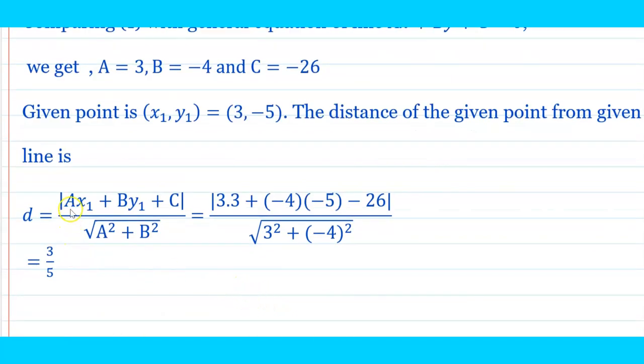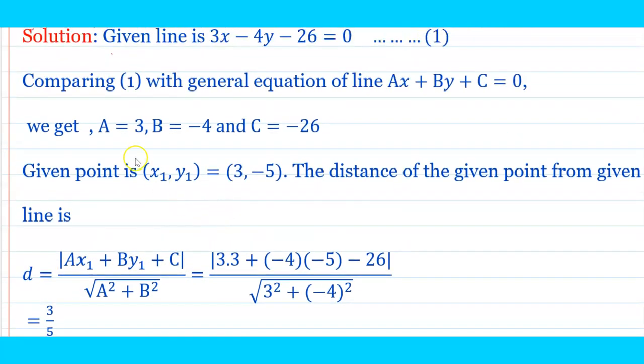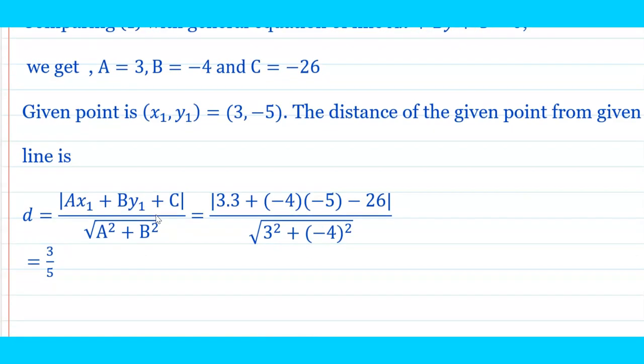Here we apply the formula (ax1 + by1 + c), that is, 3 into 3, next -4 into -5, and the last is -26, over the square root of 3 squared plus (-4) squared, the coefficients of x and y.